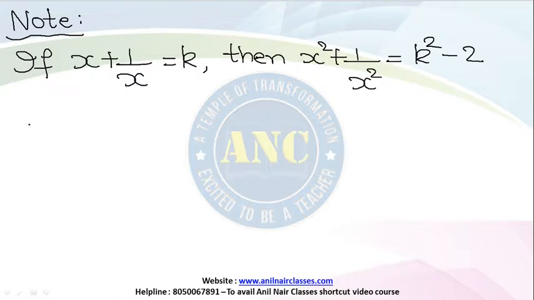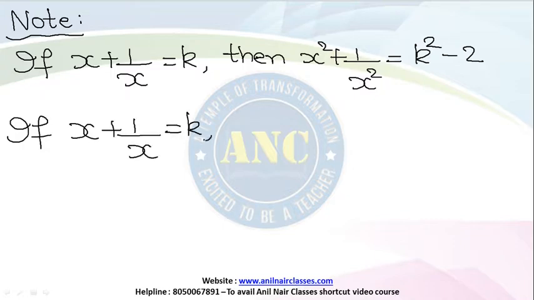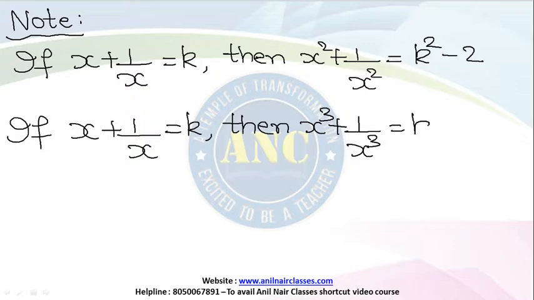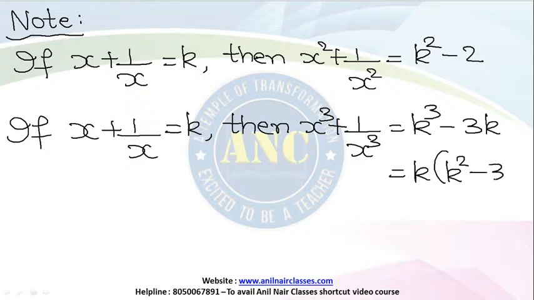Now similarly, the same condition holds good here also. If x plus 1 by x is equal to k, then x cube plus 1 by x cube will be equal to k cube minus 3k. Or if I take k as a common factor, it becomes k into k square minus 3.